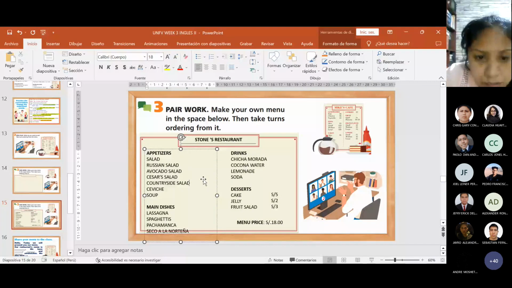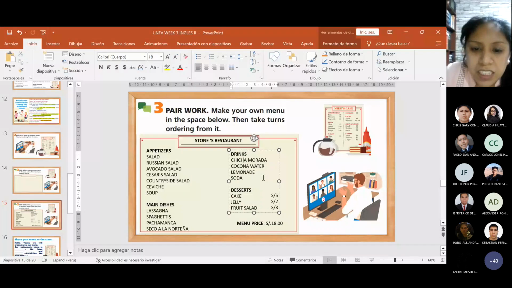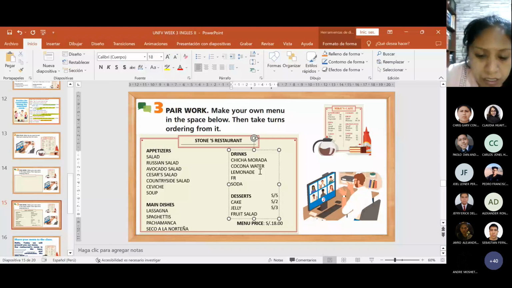Hay algunos restaurants que ofrecen ello, ¿no? Drinks, maybe chicha morada, coconut water, lemonade. A frozen lemonade could be a frozen lemonade.